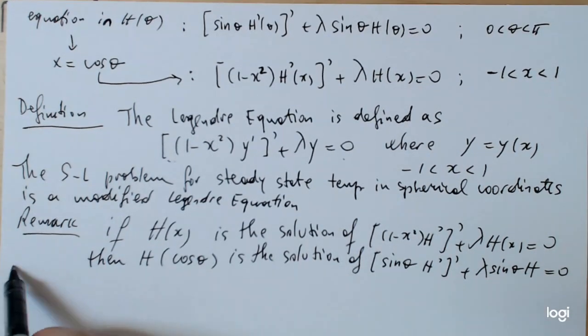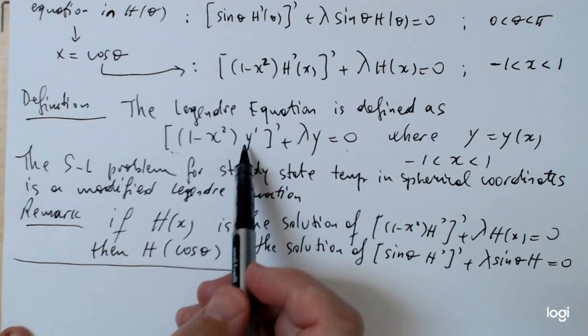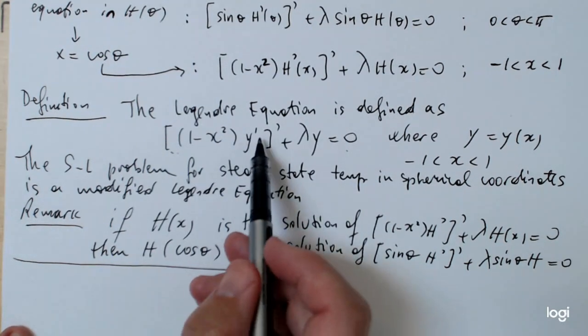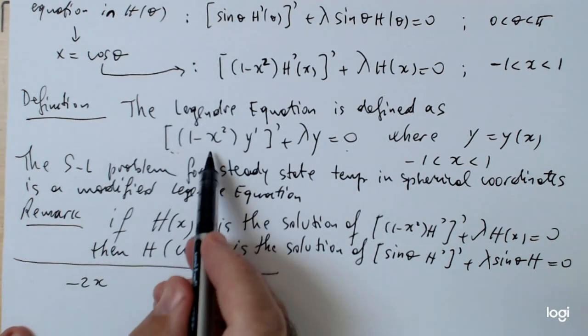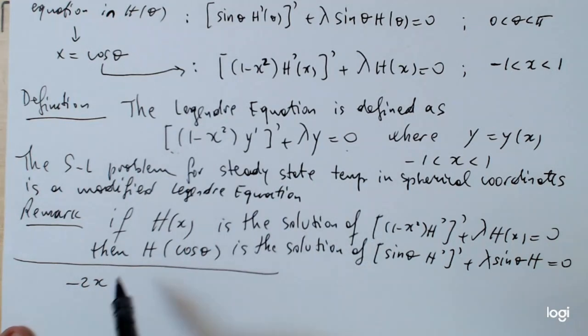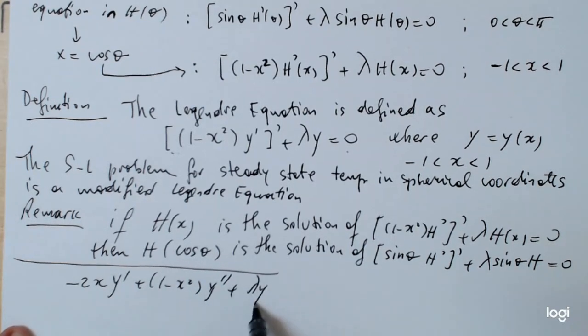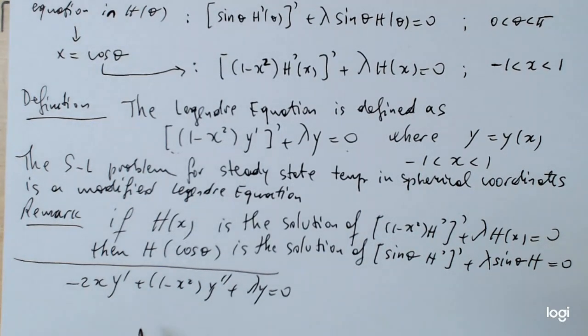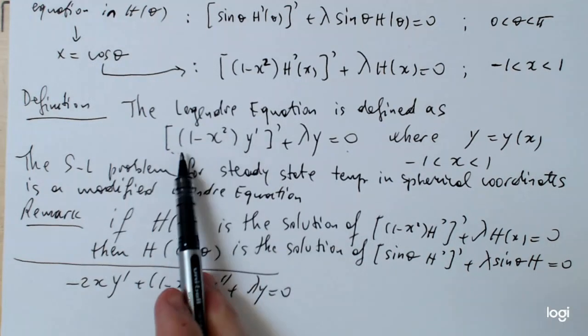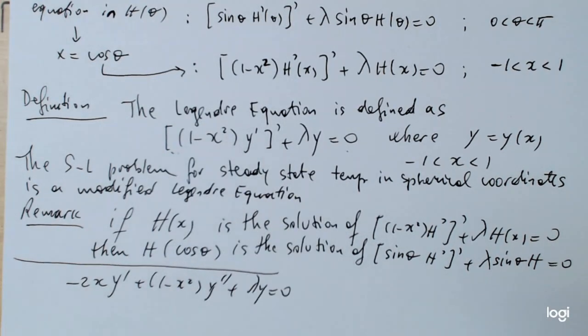I mean, if you really want to, you can expand this derivative, right? So you can differentiate, do the product rule. So it's minus 2x y prime plus 1 minus x squared y double prime plus lambda y equals 0. This is less compact, so the prime of prime form is the more compact way of writing it down.